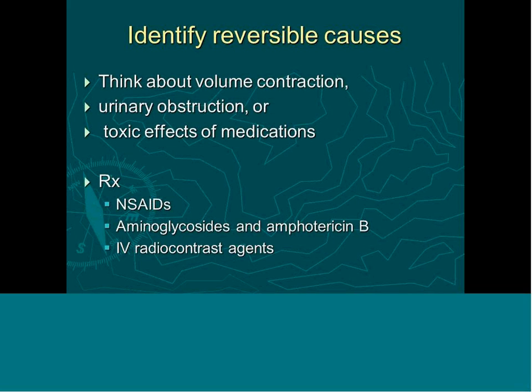For volume contraction, you want to make sure they are not on any diuretics, and don't have vomiting or diarrhea. You want to make sure they do not have obstruction from an enlarged prostate. These are reversible causes and you should always rule them out in a patient who has an elevated creatinine.